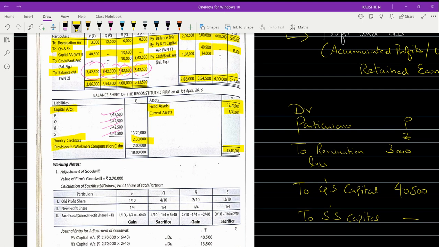Provision for workmen compensation claim 2 lakh, you have still not paid this amount. Remember, you have not cleared this payment of claim. You have only made the arrangement to meet the claim. If you had paid the claim, this would not appear in your balance sheet. Since it is still appearing, you have to show that amount of 2 lakhs, and only then your balance sheet will tally.